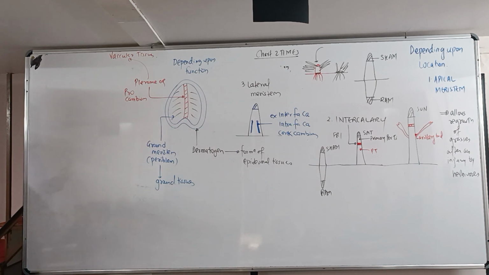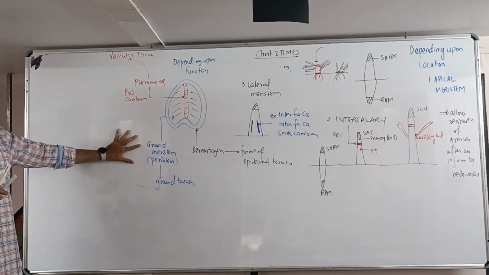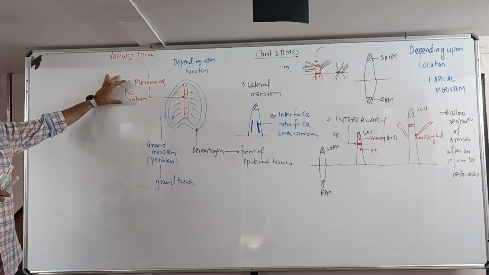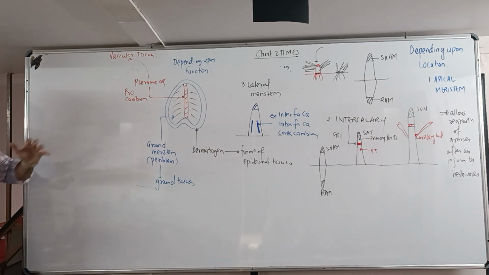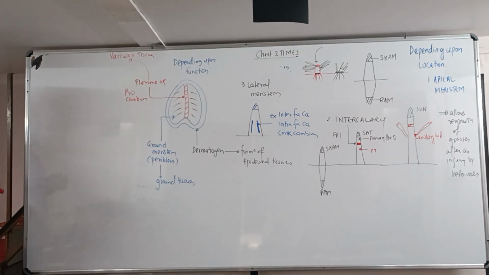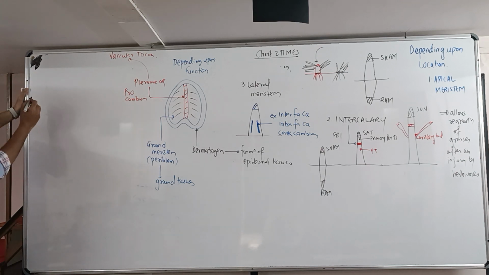I hope you getting my point? Are you getting my point, everybody? So that is what you mean by dermatogen. Then you got a ground meristem, and you got a plerome, which is also called as the procambium. So if you see, I can make a comprehensive list of all the meristematic tissues, like this.